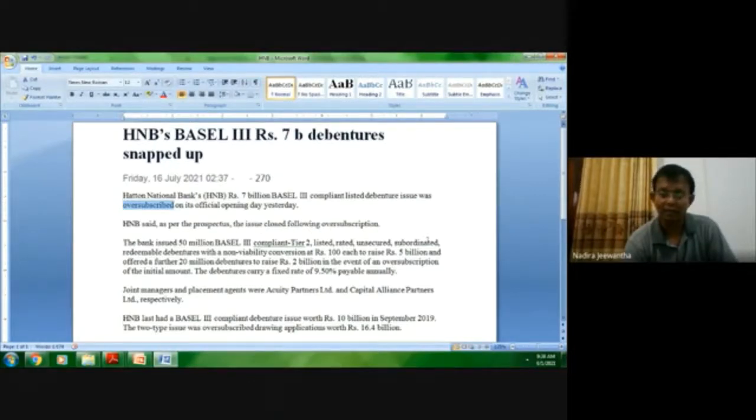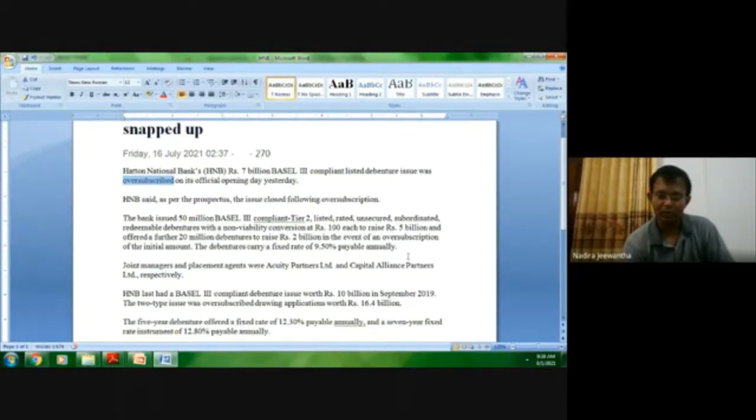They opened on the 15th and closed the same day, oversubscribed. The bank issued 50 million Basel III compliant tier 2 listed, rated, unsecured, redeemable debentures with non-viability conversion at 100 each to raise 5 billion. The debenture can be fixed rate 9.5 payable annually.